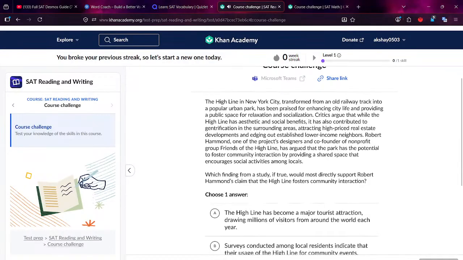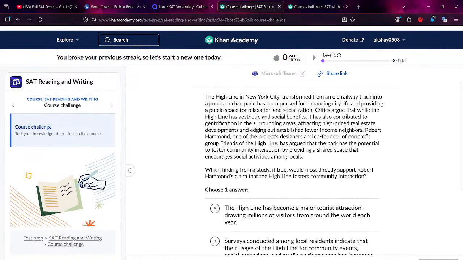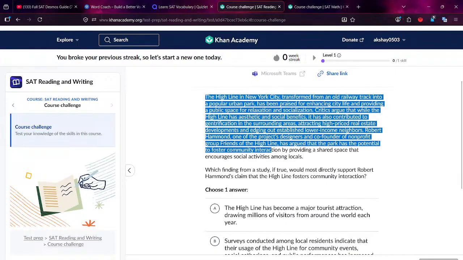Which finding from a study, if true, would most directly support Robert Hammond's claim that the High Line fosters community interaction? Okay, let's read the information and see what the claim is.